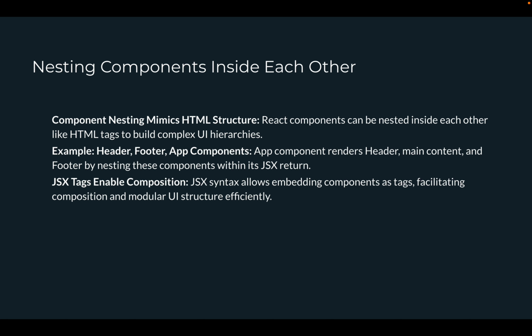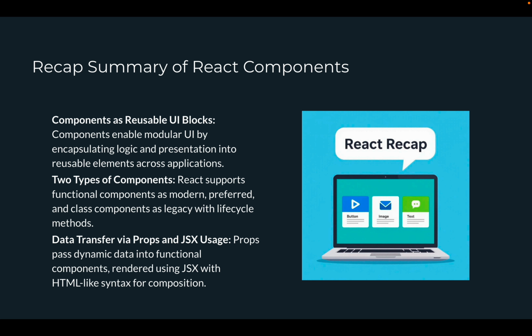Now you have an understanding of components in your mind. Okay, so in very few seconds we can recap our React components: components as reusable UI blocks, enabling modular UI by encapsulating logic and presentation into reusable elements across applications.